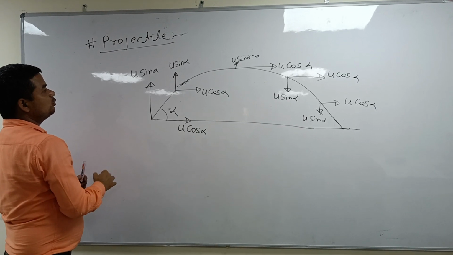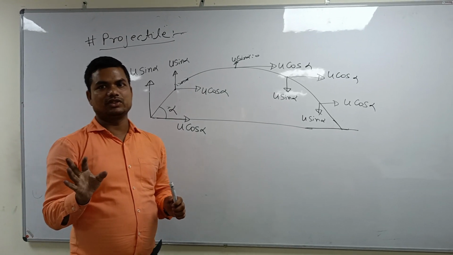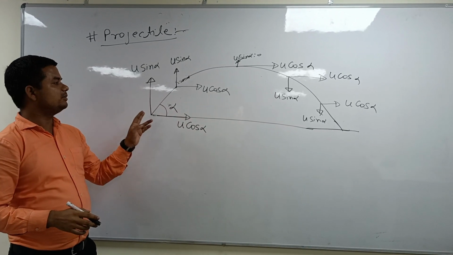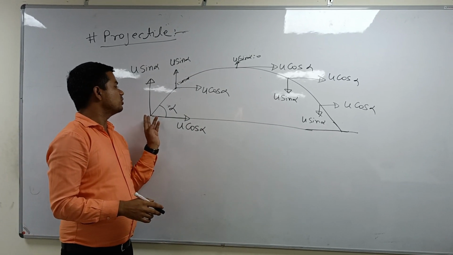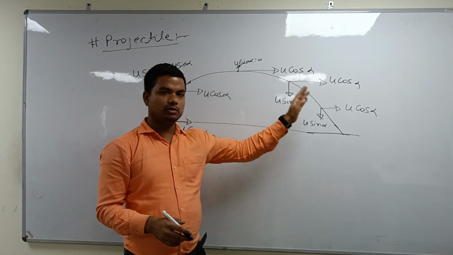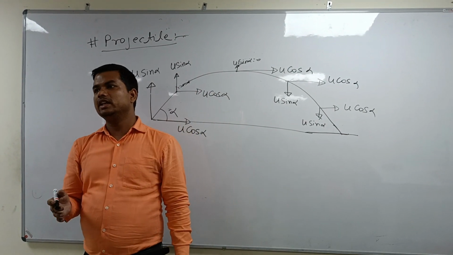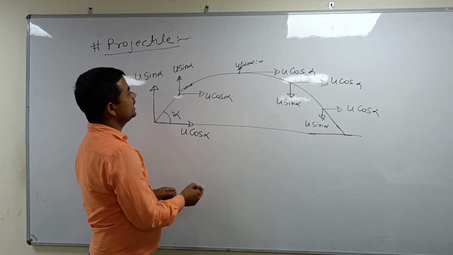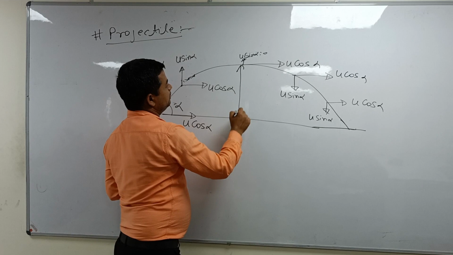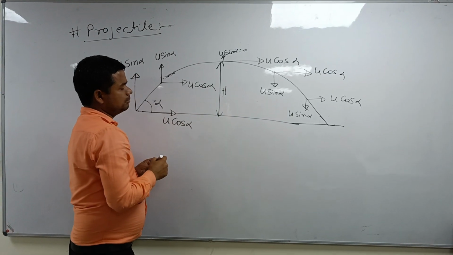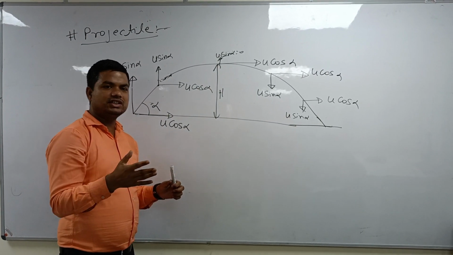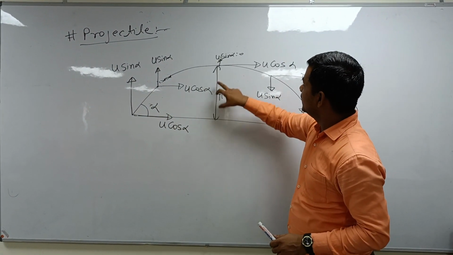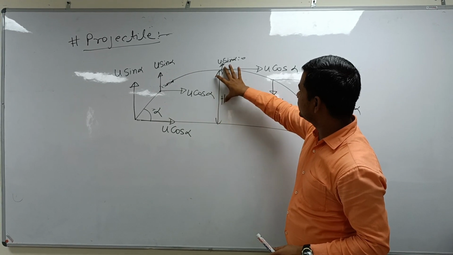In this situation we find many terms. First, time of flight: the total time taken by the projectile in going from the initial point to the final point. Second is maximum height: the maximum vertical distance covered by the projectile, that is, the maximum vertical distance from Earth's surface.